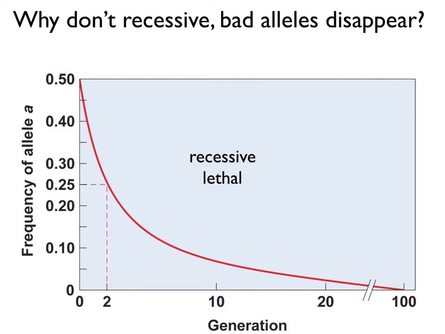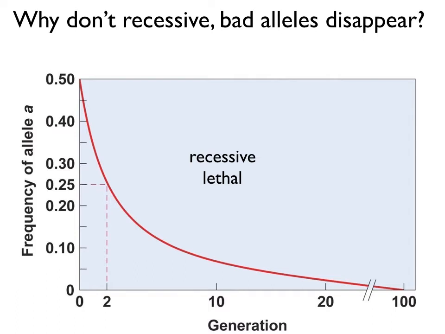If you do the Hardy-Weinberg equation with the recessive lethal allele at a frequency of 0.5, that means q squared is 25%, right? 25% of those individuals born in the next generation are going to be homozygous and die. And so that's removing this recessive allele from the population at a much higher rate than the dominant allele.